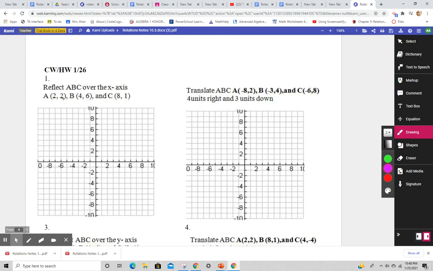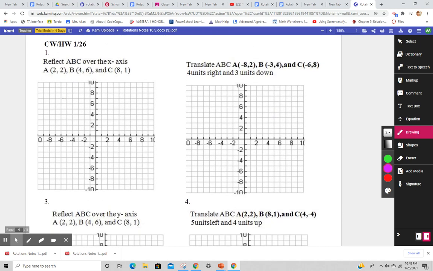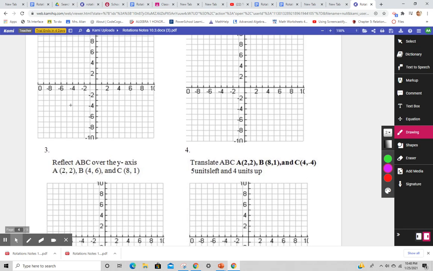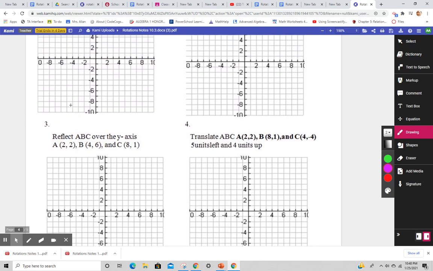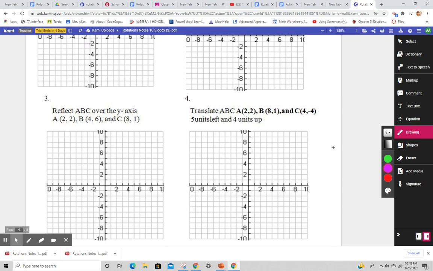And then I want you to start the homework on this page here, where you go back and practice more with reflections and translations. Okay? All right, and this concludes this video on rotations.